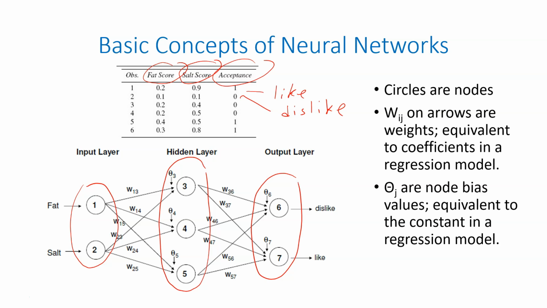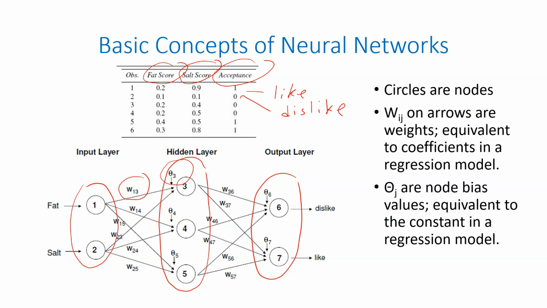We have added some more notations to our network diagram here, and they are the lowercase w for weights, and the Greek letter theta for what's called node bias. The weights and the biases are denoted using numbers that show their associated nodes.